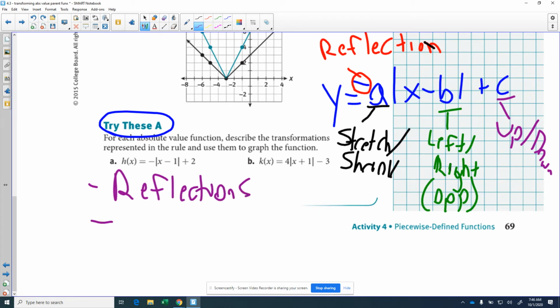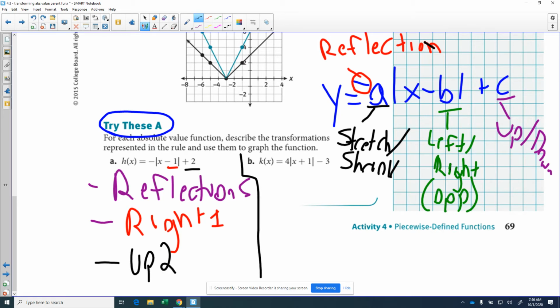The negative one on the inside, so our -1 value here, because it's inside the absolute value and it's negative, is going to make it go right 1 unit. And now the last one is this +2 on the outside. Because it's adding 2 on the outside, it's going to make it go up 2.